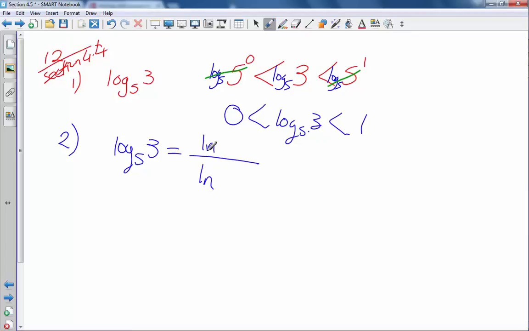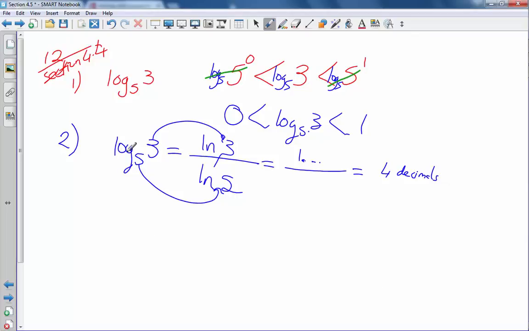You put the new base top and bottom, with the top number to the top and the bottom number to the bottom, and compute ln 3 and ln 5. What is ln 3? You need to take a calculator and get the digits. I think it's 1 point something. All right, and compute ln 5. Again, 1 point something, and divide up to 4 decimals.